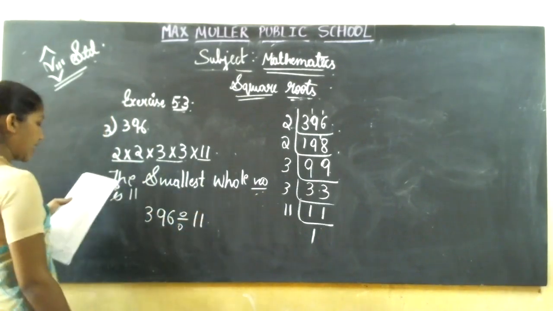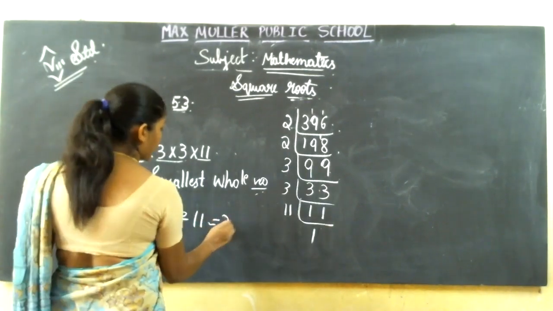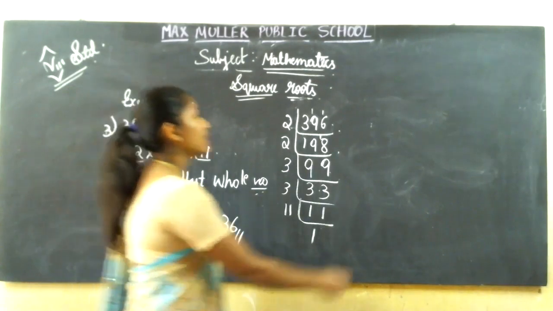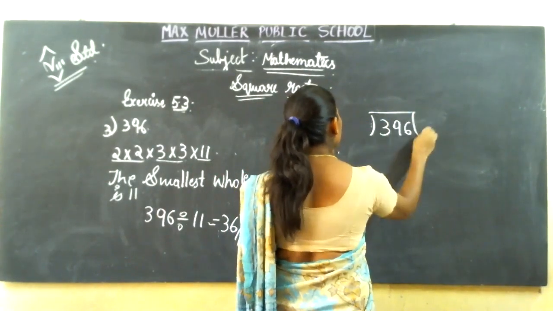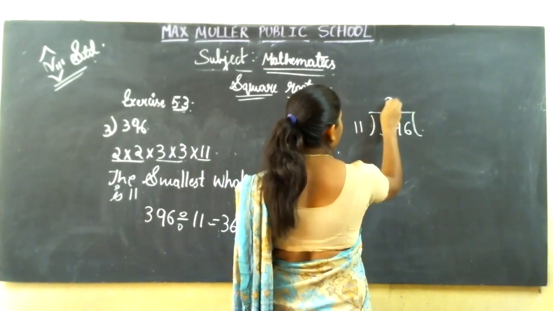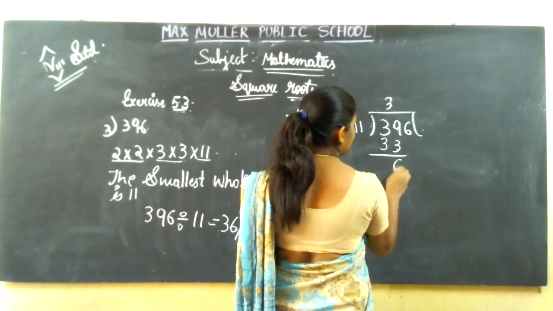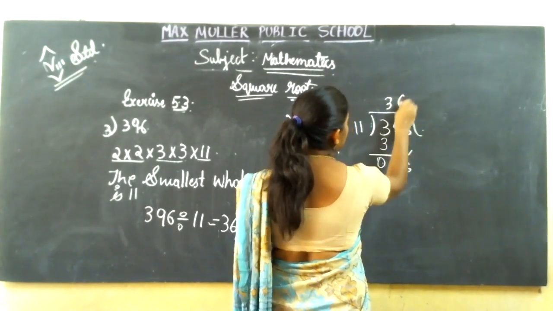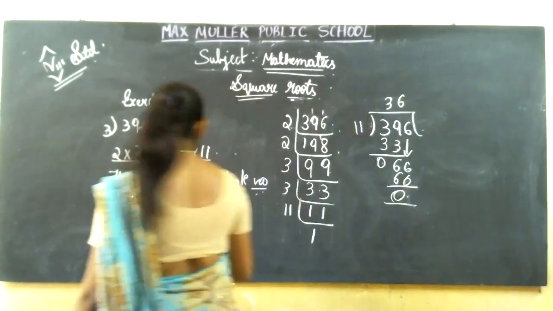If you divide, you will get 36. See, 396 divided by 11: 11 threes are 33, 9 minus 3 is 6. Again 6, here 0. 11 sixes are 66. So the remainder is 0.